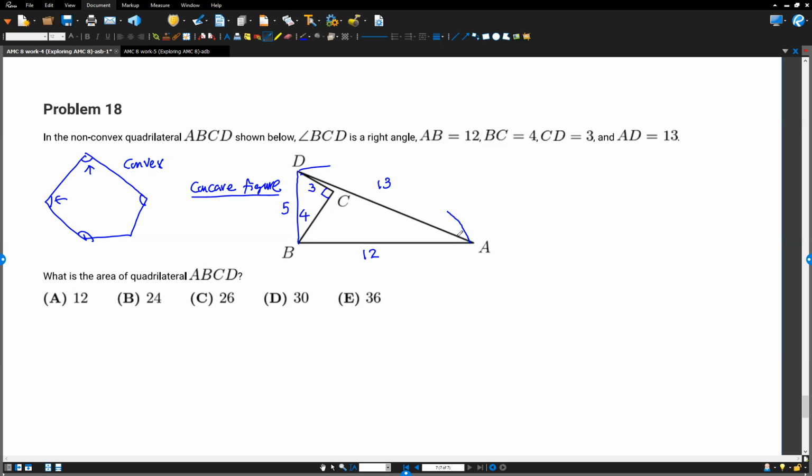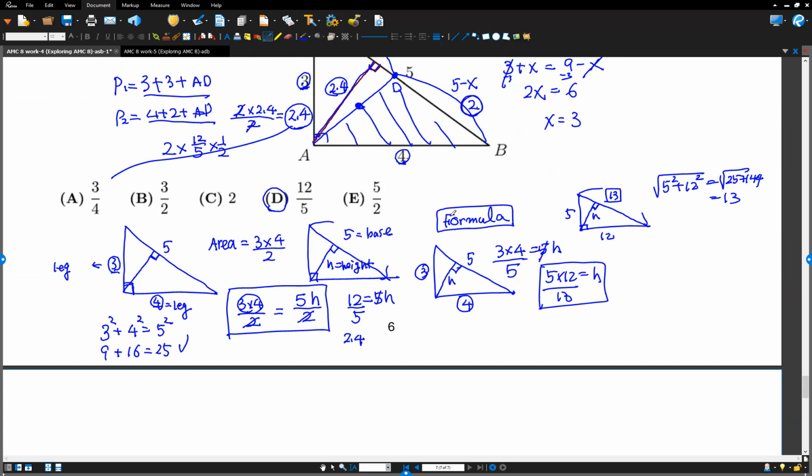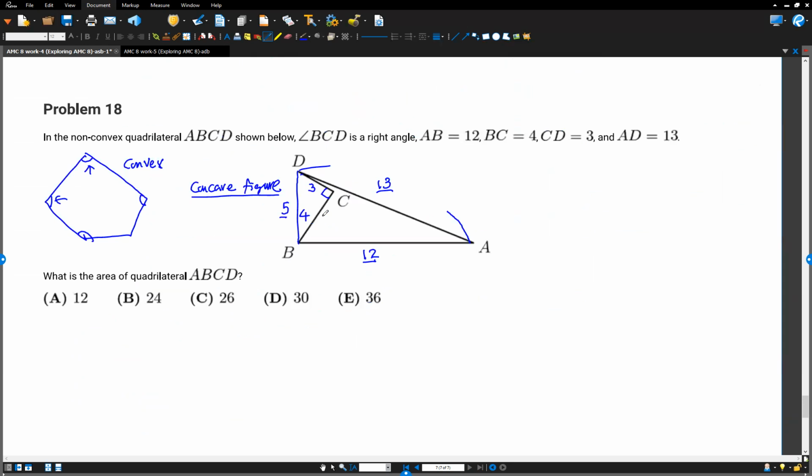Very good. But over here, 5, 12, 13, I told you to memorize this one, right? This is also a right triangle, because they have 5, 12, 13. This is also a right angle. So I have to multiply 5 by 12, and the area of this one is 5 times 12 divided by 2, which is 30.